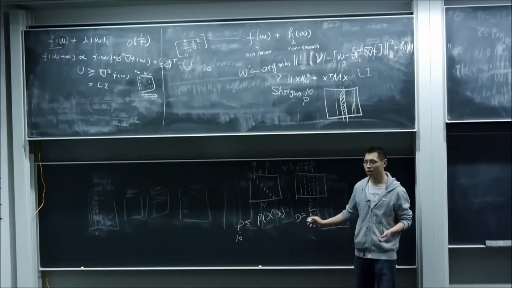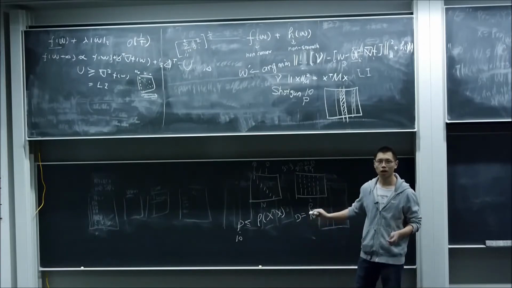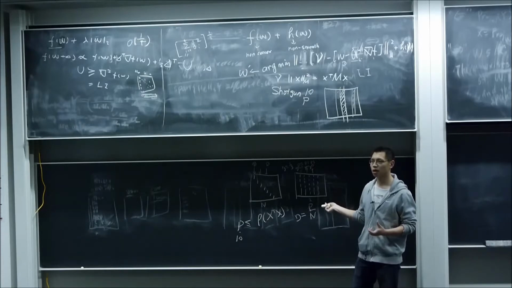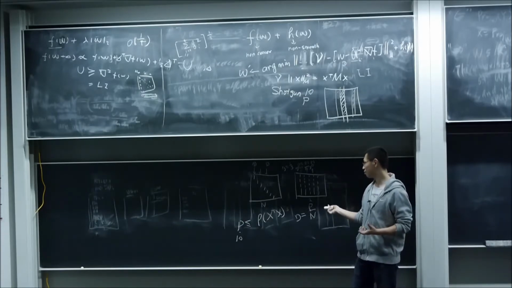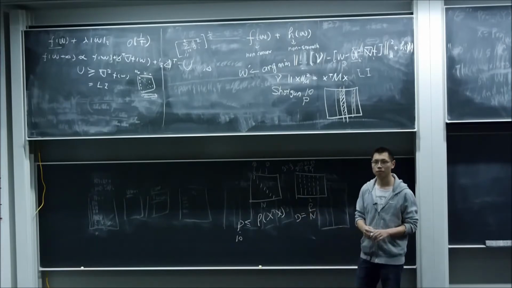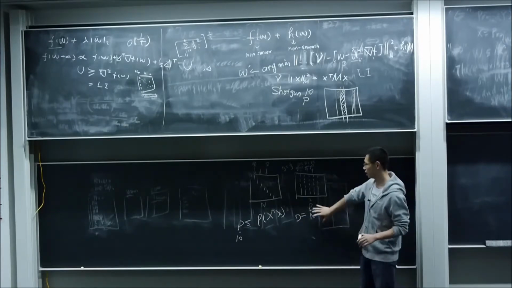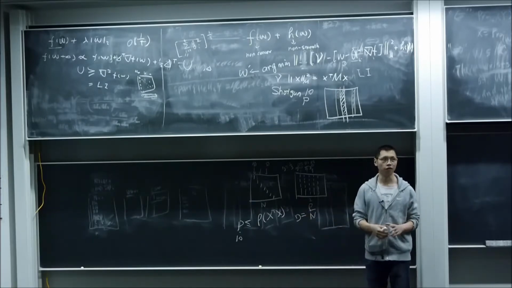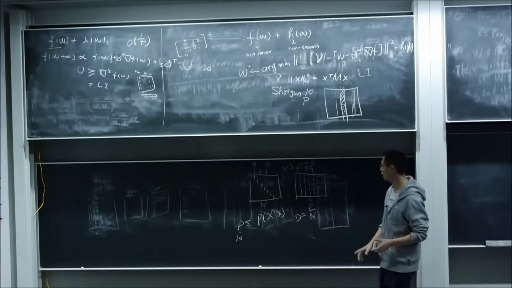So this is a tuning parameter, and you can tune it. This is one good thing about this method. In practice, you can increase it a little bit so you can have a faster convergence rate.